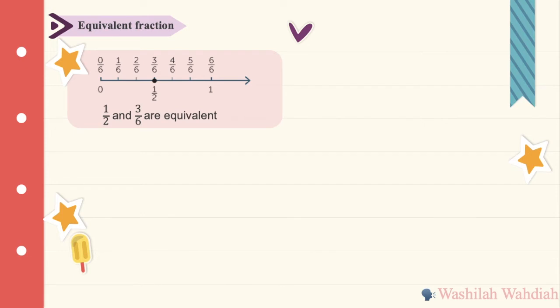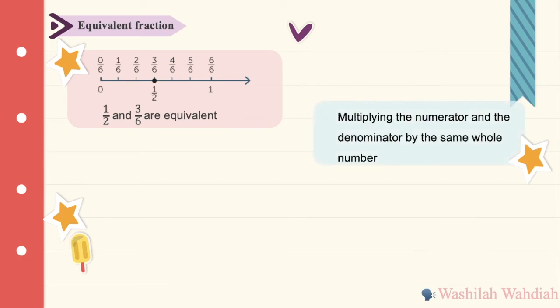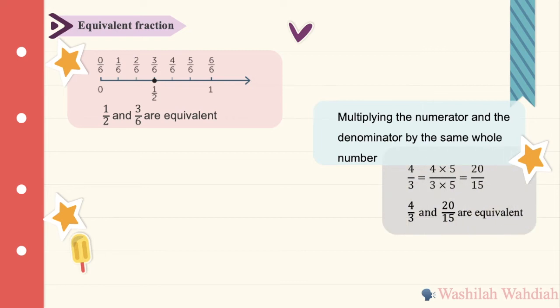Fractions obtained by multiplying the numerator and the denominator by the same whole number are equivalent. For example, 4 over 3 equals 4 times 5 over 3 times 5, which equals 20 over 15. It means 4 over 3 and 20 over 15 are equivalent.